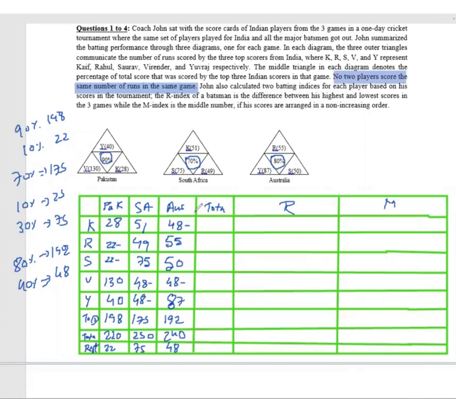Runs are given. So how can I place these totals? The minimum value of this total is 79, and the maximum is where 48 is added to it, that is up to 127. What about this total? Minimum 104, up to 126. This total, minimum 125, up to 147.